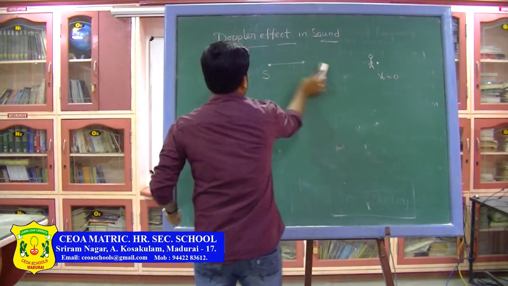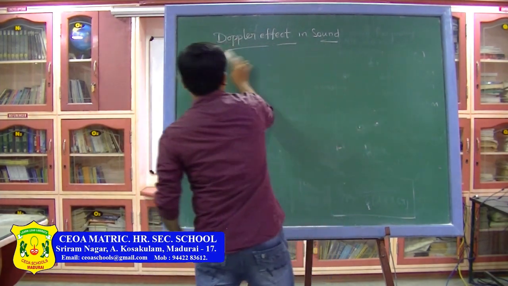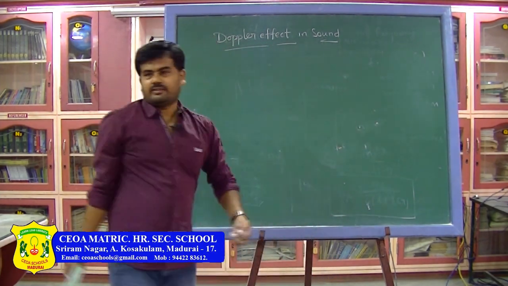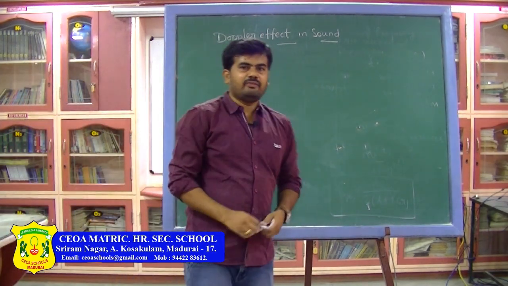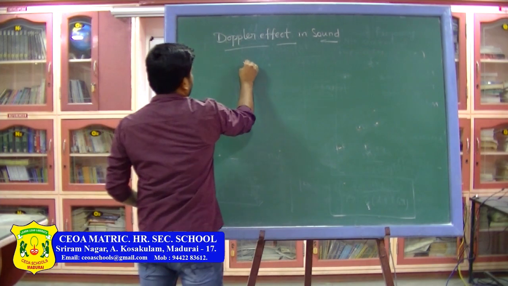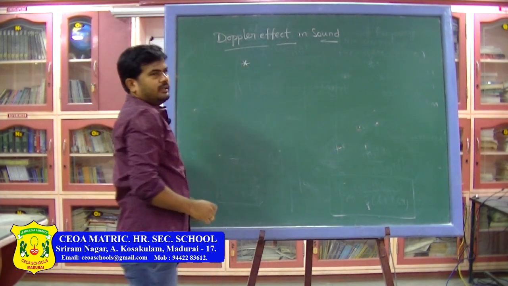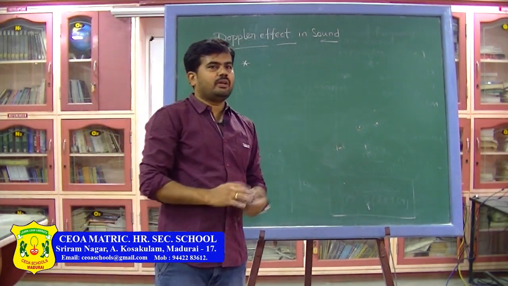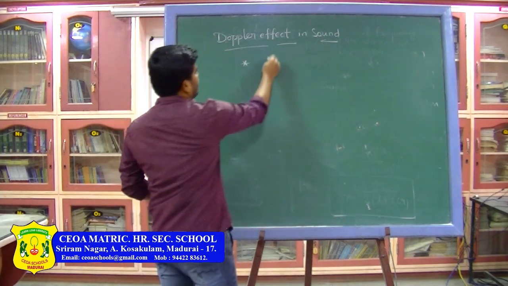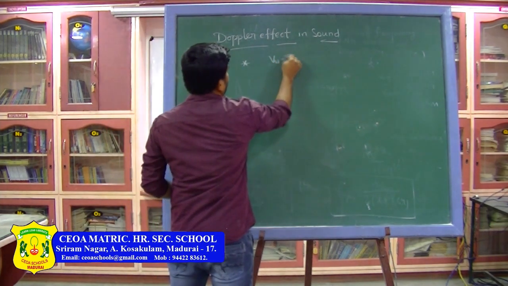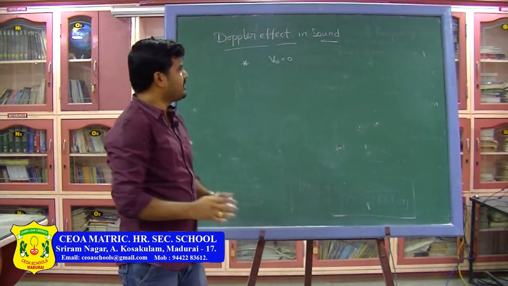First case, and before discussing this, let me explain some conditions to study the Doppler effect. First we need to assume that the surroundings have no wind flow, that means the wind speed is 0. So, the air must be still in the surroundings.